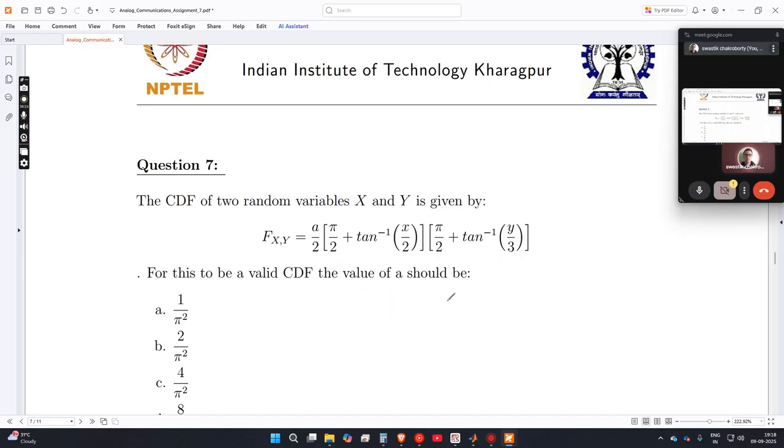For this, the valid CDF value should be, so the CDF of two random variables together is given to be this. So this is a joint CDF. So now we are entering into the territory of joint CDF.